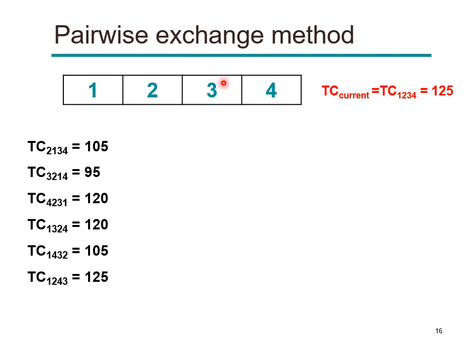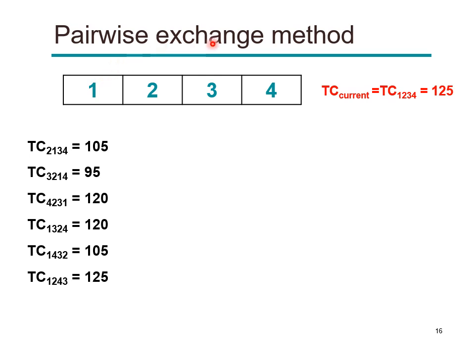Then if you try to exchange 1 and 3, the layout that you will obtain will be 3, 2, 1, 4. And when you calculate its cost value in a similar way, please do it by yourself. Take a piece of paper and pencil and please calculate this. You need to find this cost as 95.